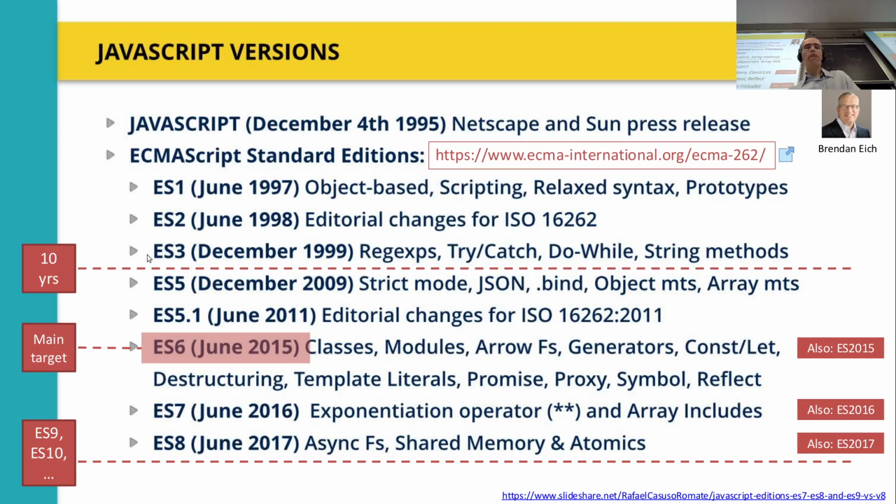You see that here there's a 10 years gap, up to 2009. It was dormant as a language for quite a while. Then at a certain point, when people realized that you needed more interaction and more client-side functionality in web applications, it started to be used.